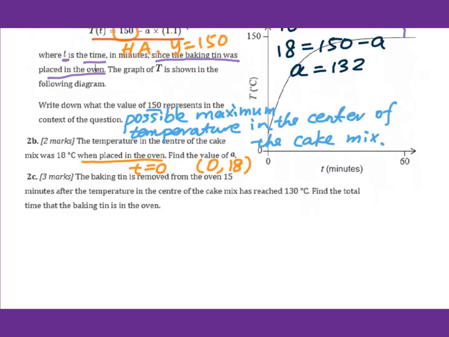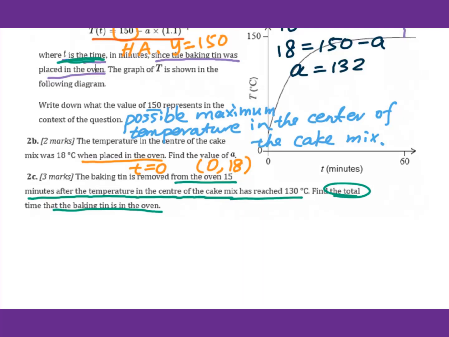Look at the 2c. The baking tin is removed from the oven 15 minutes after the temperature in the center of the cake mix has reached 130 degrees. Find the total time the baking tin is in the oven. The total time basically means the t, because t is the time since the baking tin was placed in the oven.